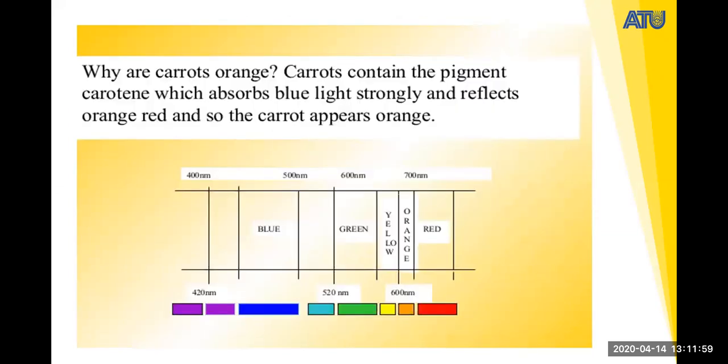Why are carrots orange? Carrots contain the pigment carotene, which absorbs blue light strongly and reflects orange red, and so the carrot appears orange.